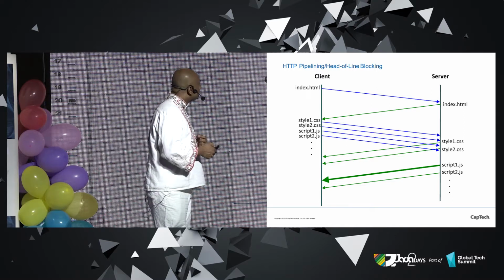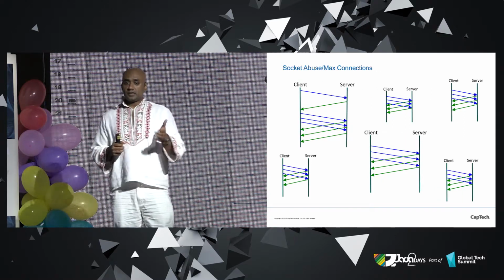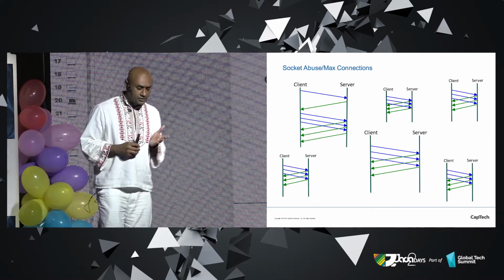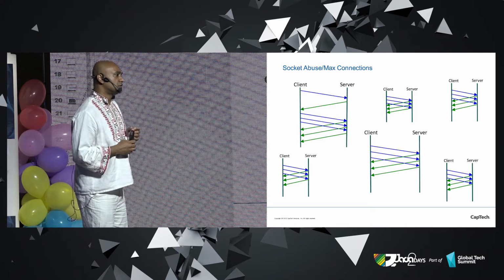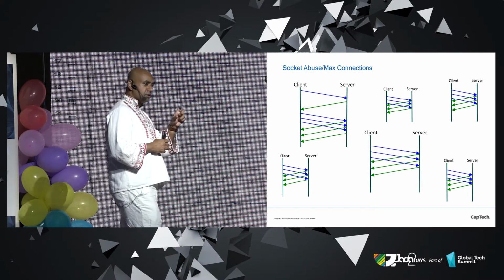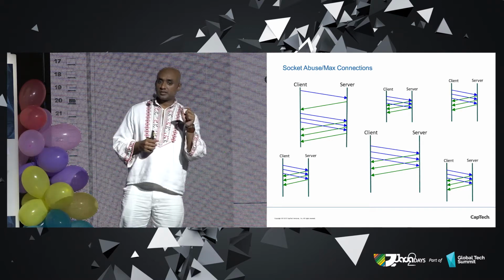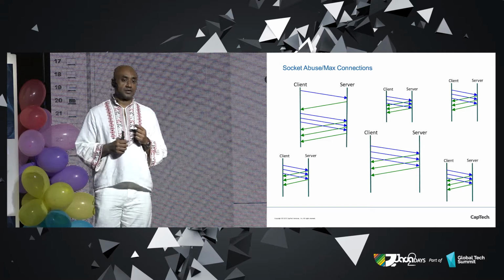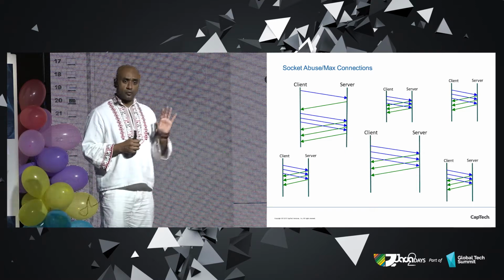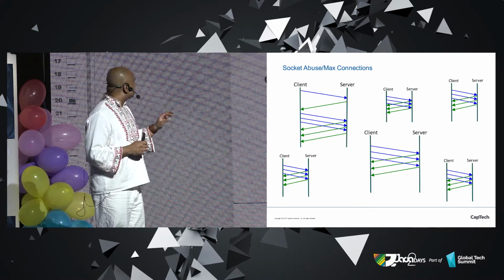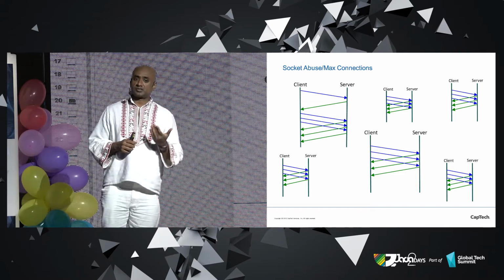Okay? In addition to that, to make things even worse, HTTP 1.1 by convention also comes with limitations on how many concurrent requests a browser can make to a particular server. Okay? And that number is somewhere around 4 requests. All right? And this is something called socket abuse or max connections.